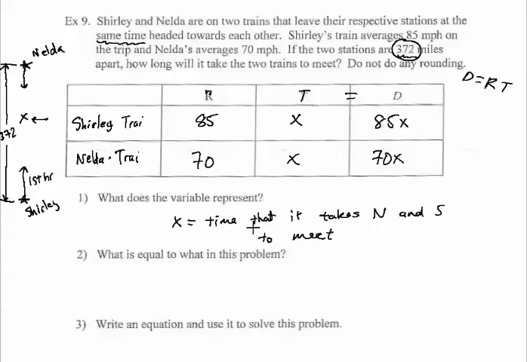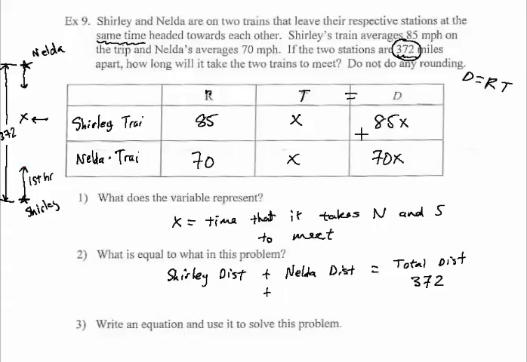So what we would say is we'd write Shirley's distance, if we wanted to write it in words, Shirley's distance combined with Nelda's distance is going to equal the total distance, which is the 372. Okay.